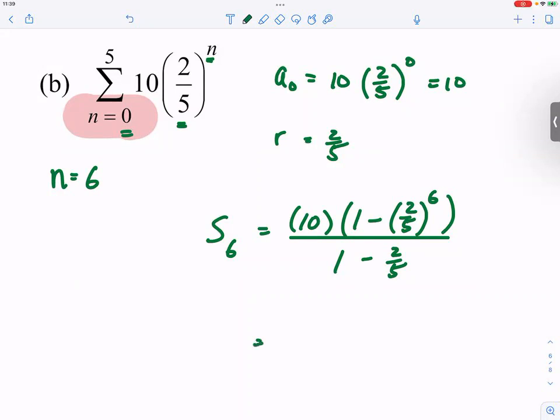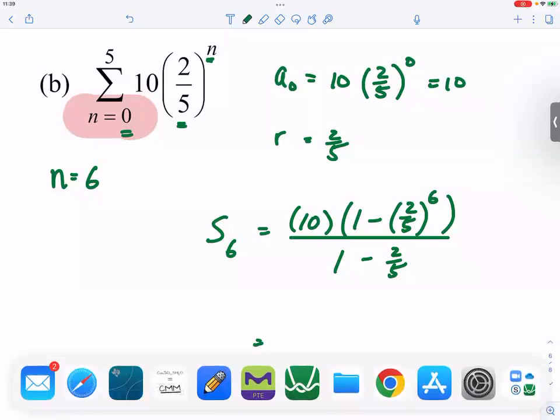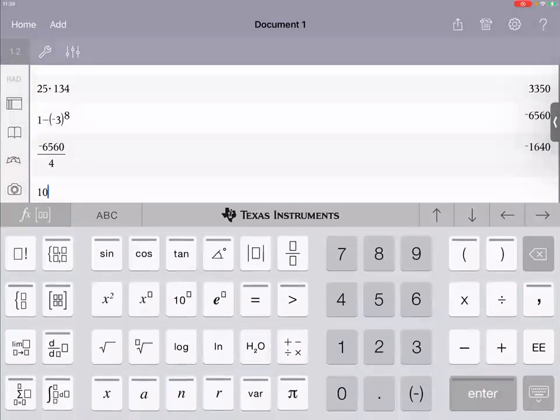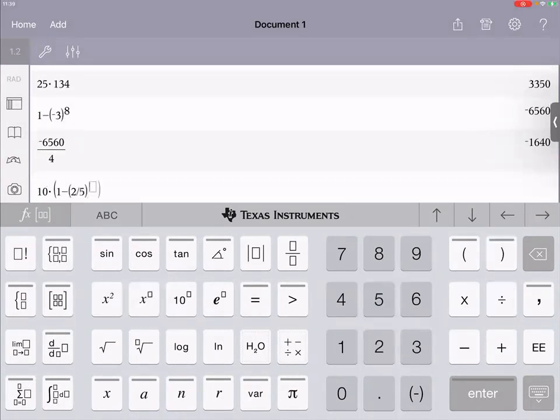If you set it up properly, you can put this whole thing into the calculator. Just make sure you use parentheses properly. So you have 10 times parentheses, 1 minus parentheses, 2/5 raised to the 6 power, close parentheses, that's the numerator, divided by parentheses, 1 minus 2/5.